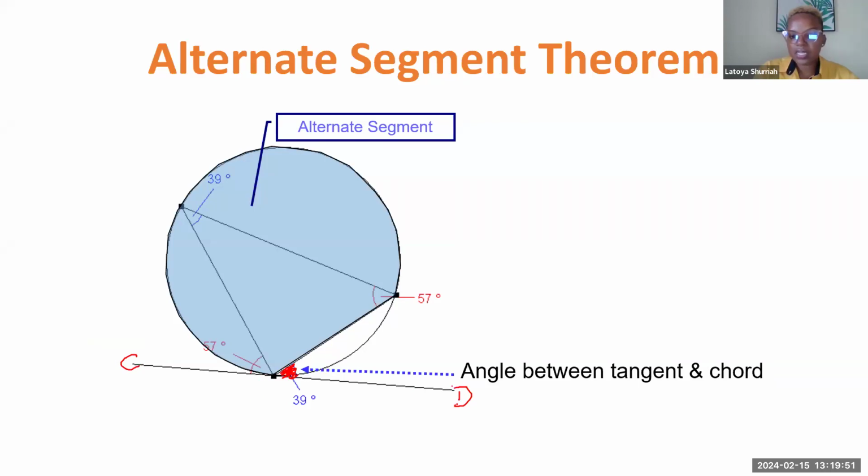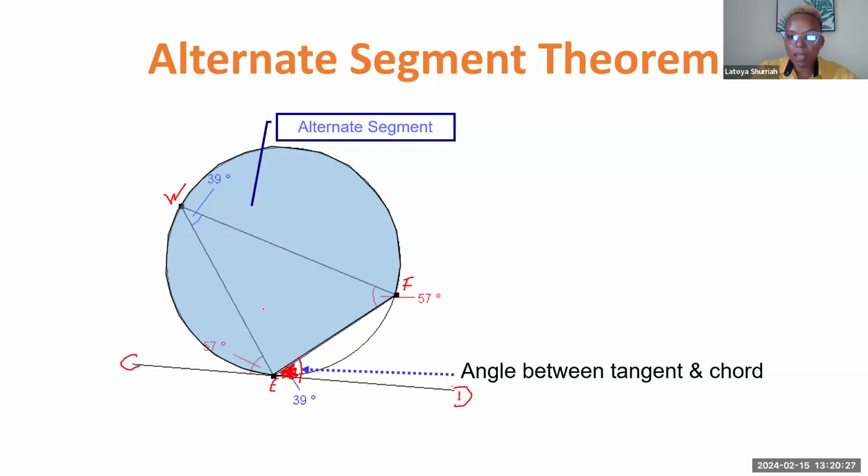This angle that is formed between the tangent CD and the chord, I'm going to call the chord EF. Then the angle subtended by the same chord EF to the circumference in the other segment, I'm going to call this angle W, and they are equal.